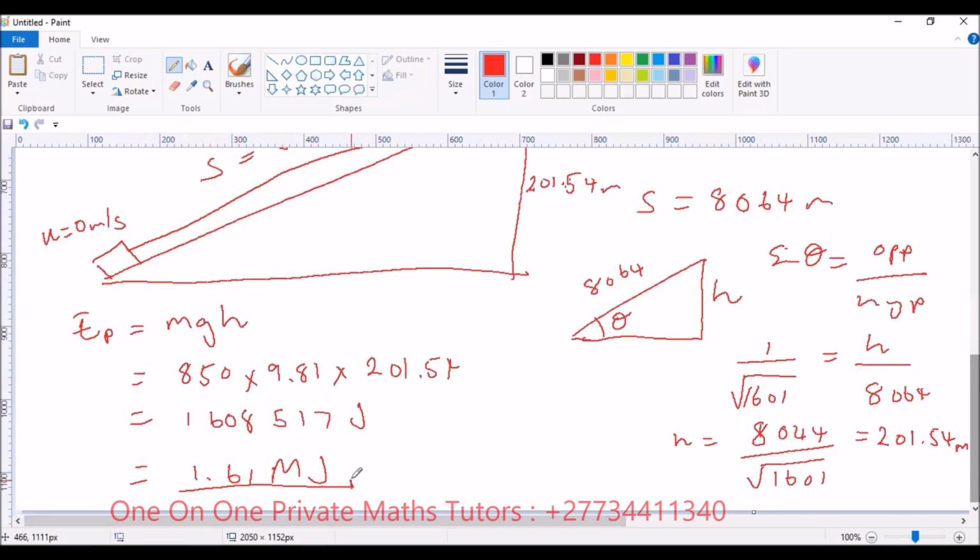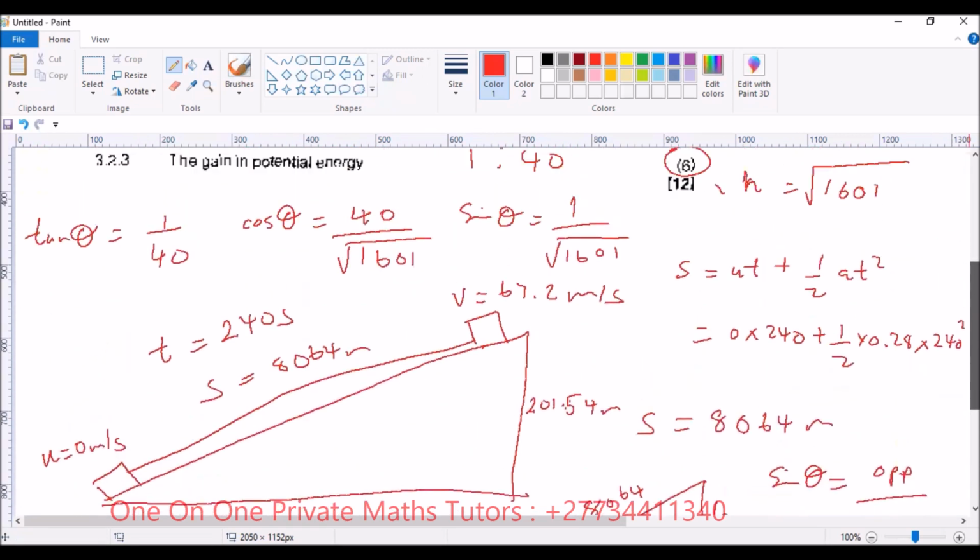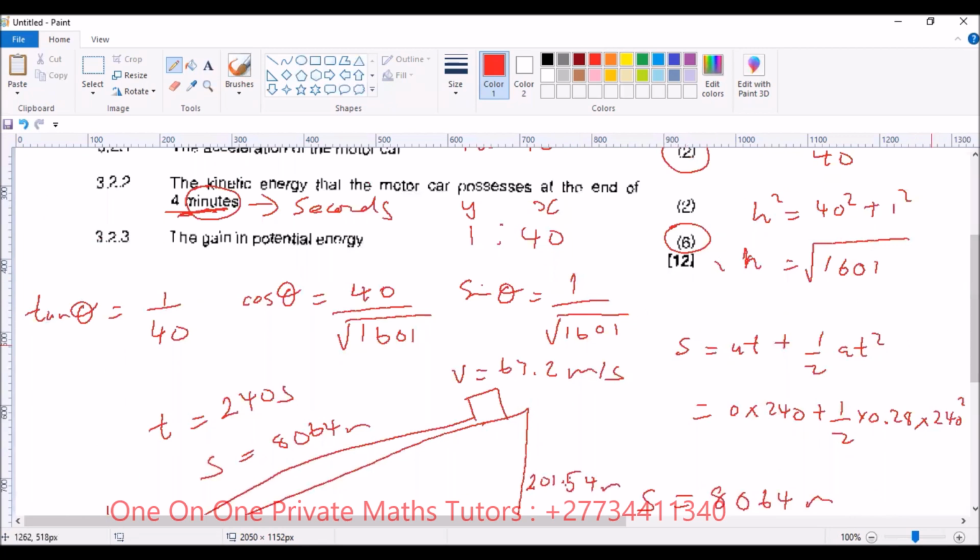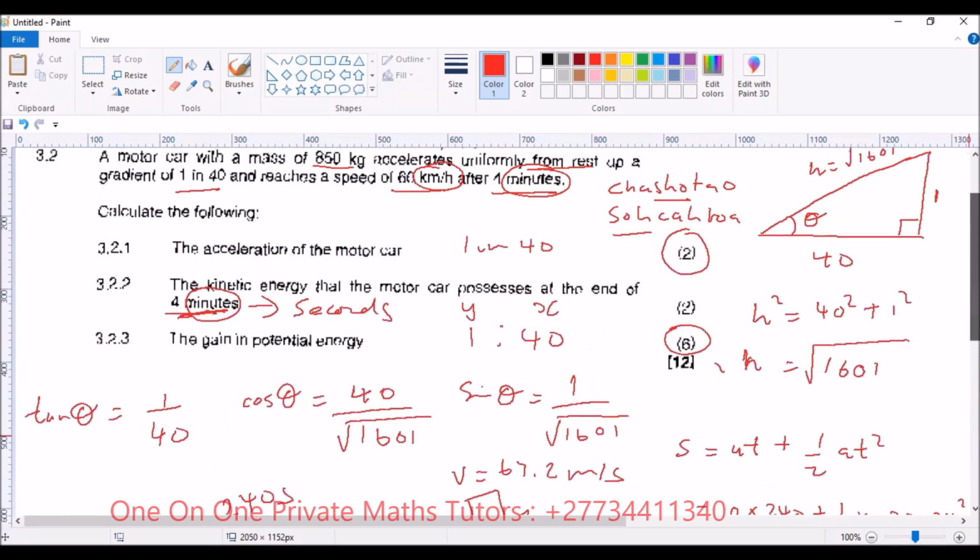All right. So this is the 6-mark question. Look at the work we have done so far. So that is how you answer these questions.